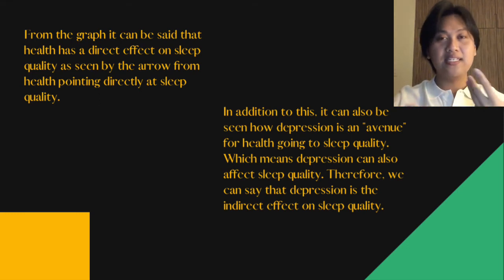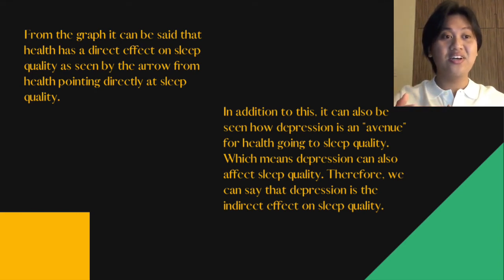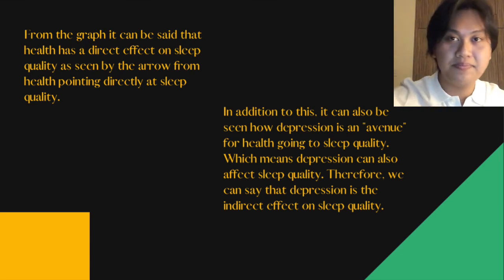This basically means that depression can also affect sleep quality, though it is not health. This is the mediator. Therefore, we can say that depression is also the indirect effect on sleep quality.